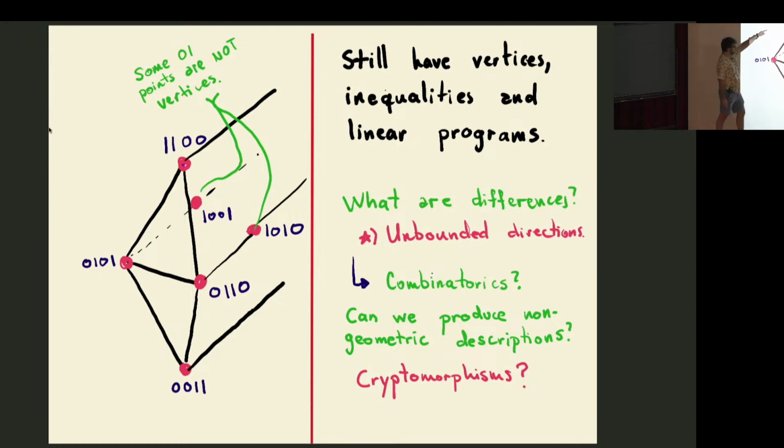For example, this red point is replacing 2 for 1, so this edge in the unbounded direction is the edge e1 minus e2.